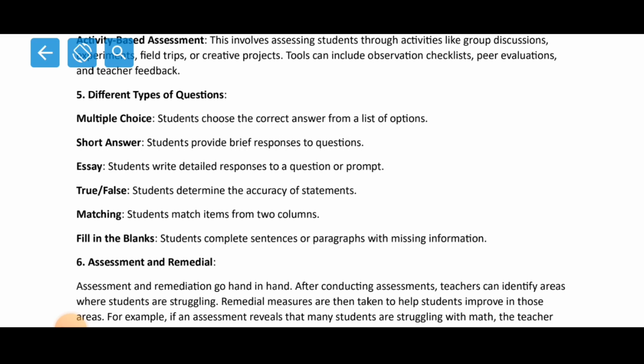Suppose, let me give an example for multiple choice question. For multiple choice question, it can be like, what example should I give? Let me think of an example. Right, let me give you the example of primary colors. All right, primary colors.